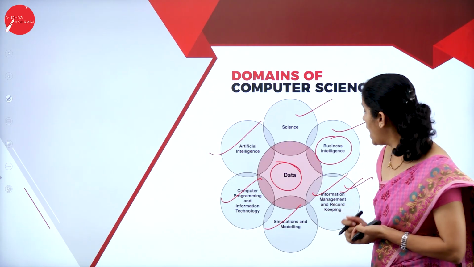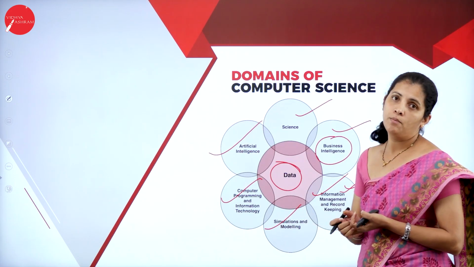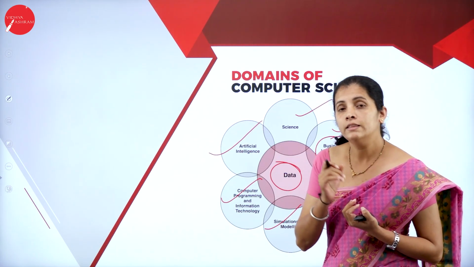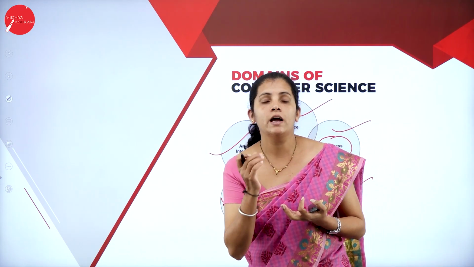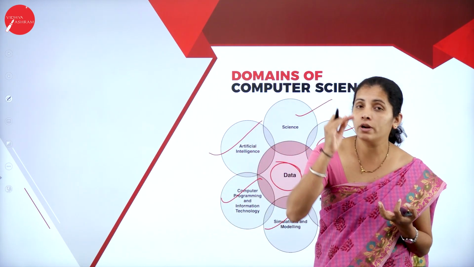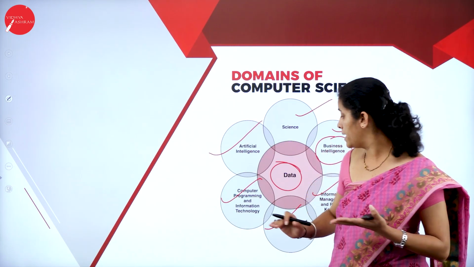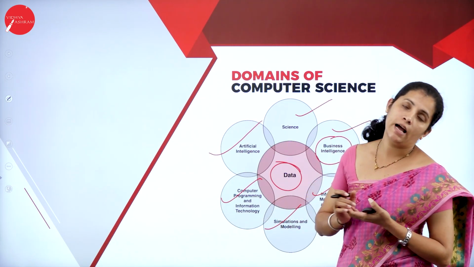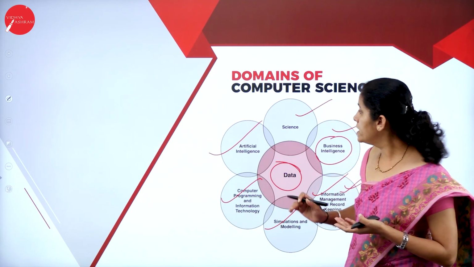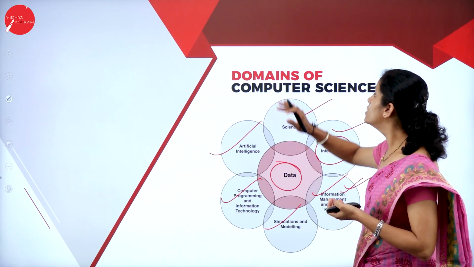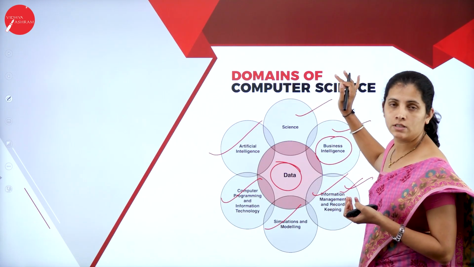Then I'm going to have simulation and modeling. Suppose I consider the example of networking, where I want to represent the operations of networking. That can be achieved by using simulation and modeling. So simulation and modeling is also a domain of computer science.